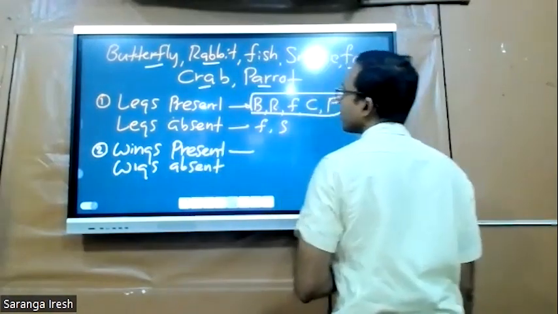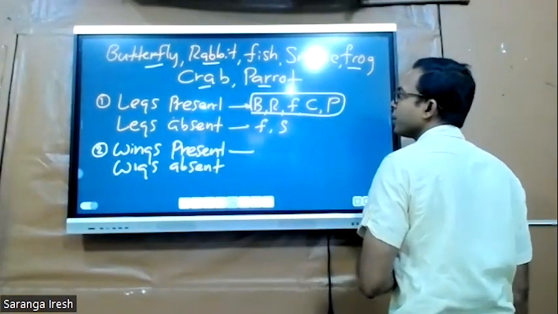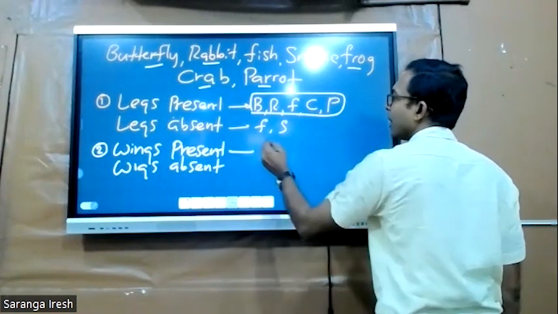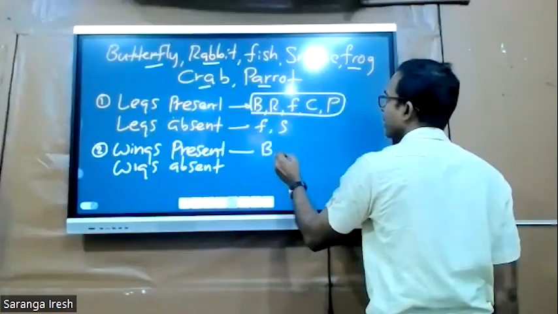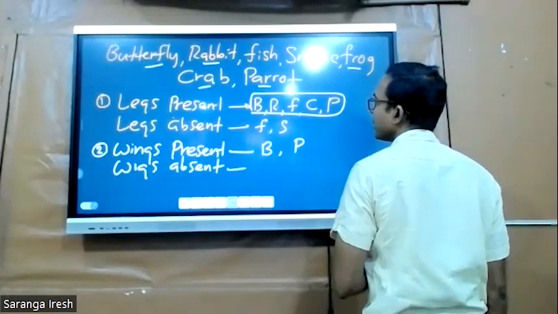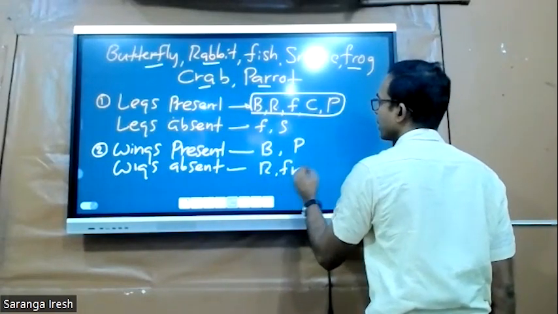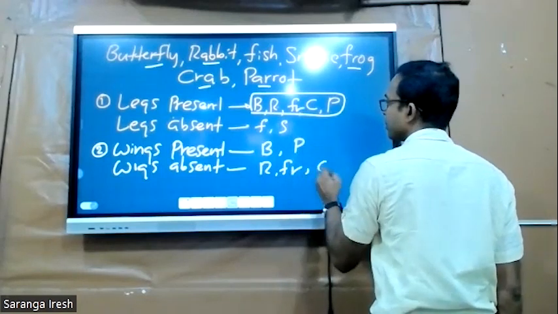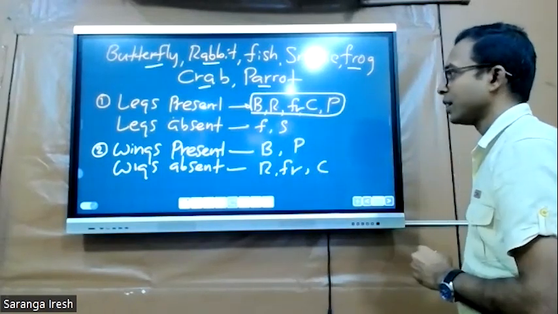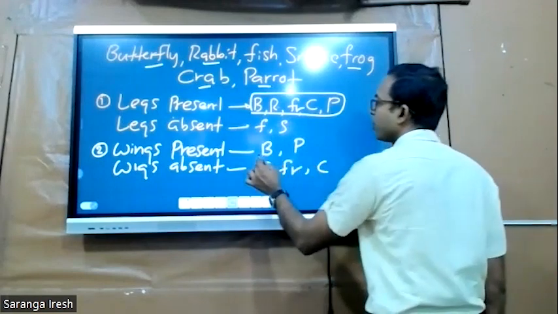Wings present: butterfly and parrot. Wings absent: rabbit, frog, and crab.